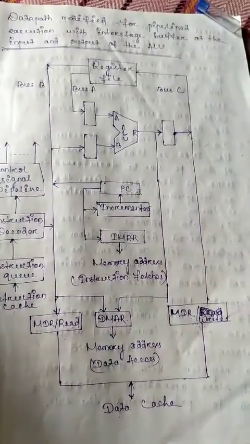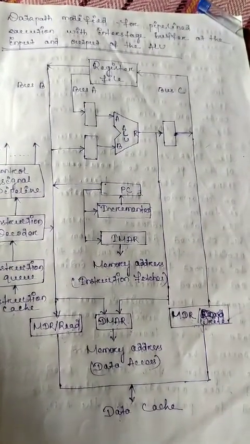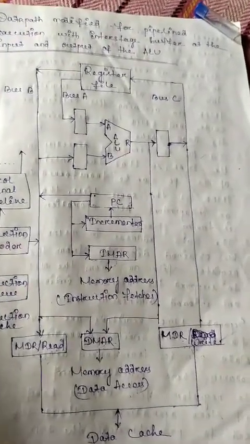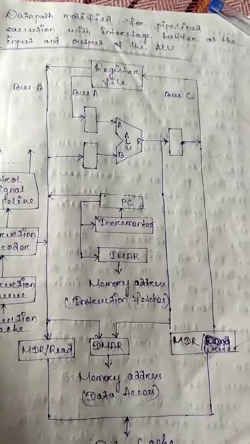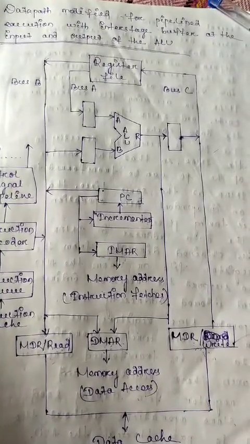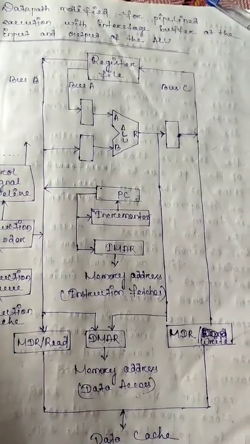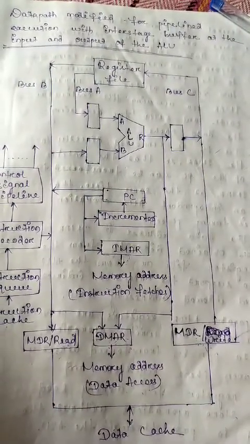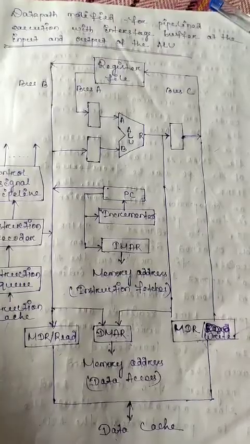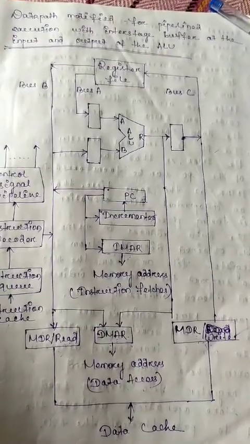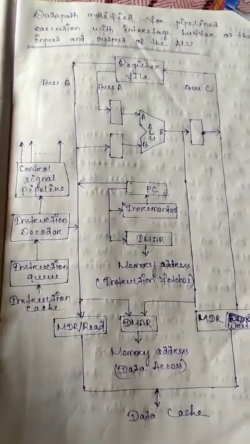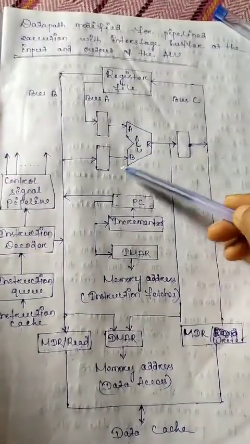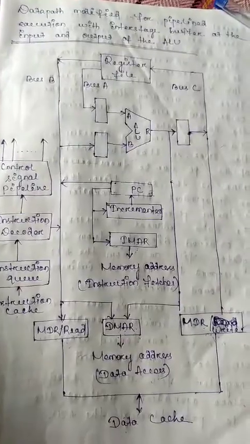As we have seen before, especially in hardware control, I have already told you about interstage buffers. Between the fetch unit and the decode unit there is a buffer, and between the decode unit and the execution unit there is also a buffer. These buffers are called interstage buffers. So here too there are some interstage buffers.